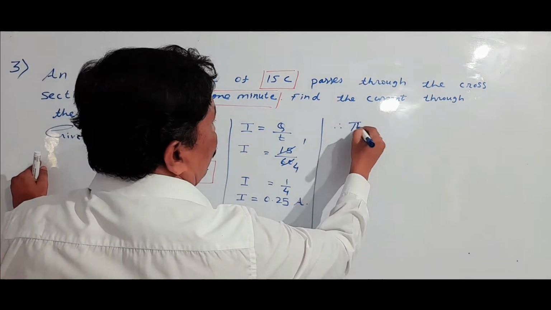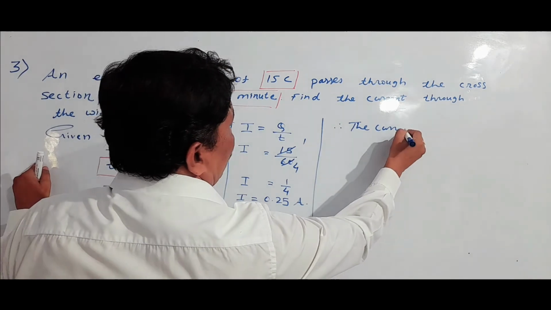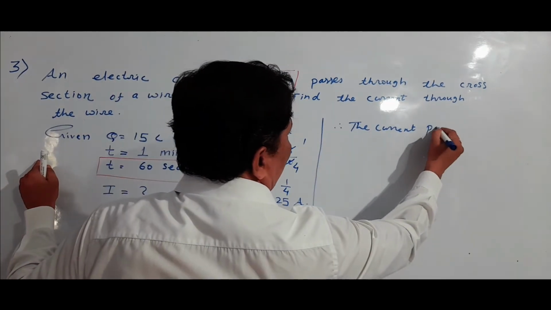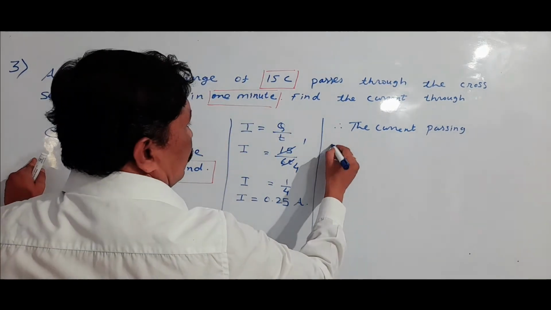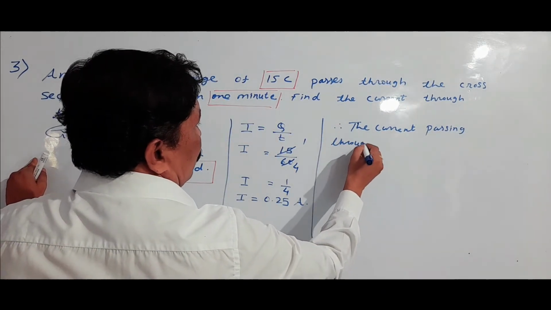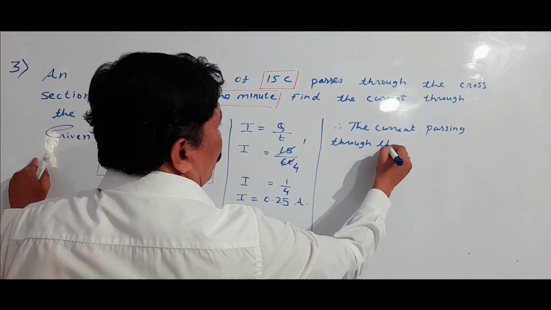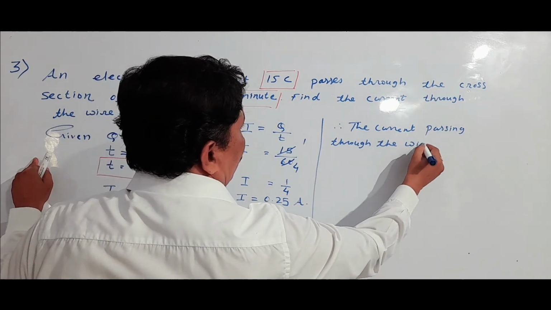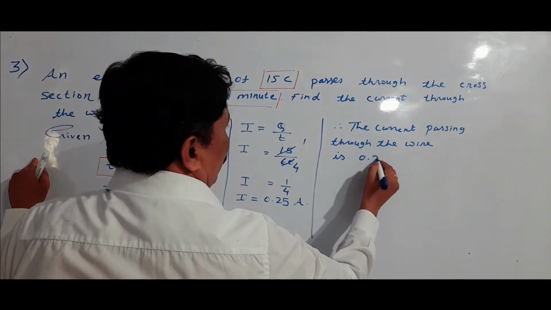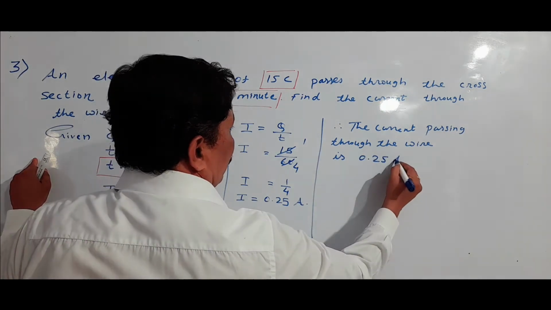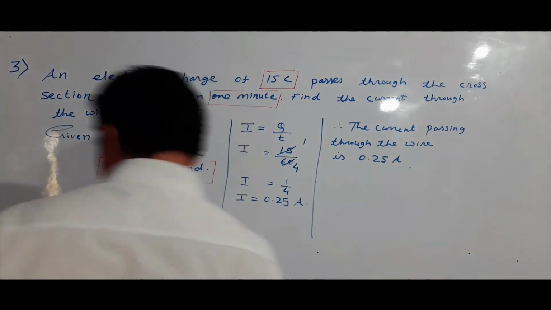Therefore, the current passing through the wire is 0.25 ampere.